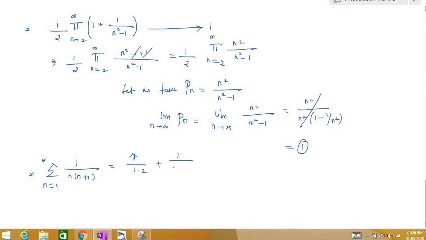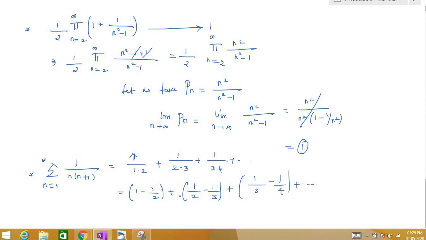If n is equal to 2, I'll have 1 by 2 into 3 plus 1 by 3 into 4, etc. So I can write this as 1 minus 1 by 2, plus 1 by 2 minus 1 by 3, plus 1 by 3 minus 1 by 4, etc.